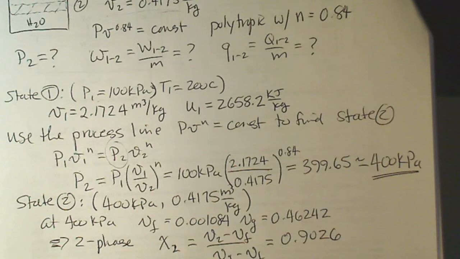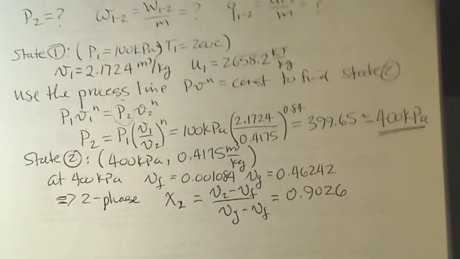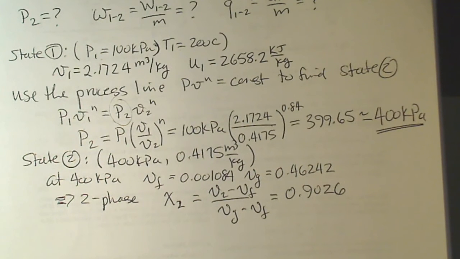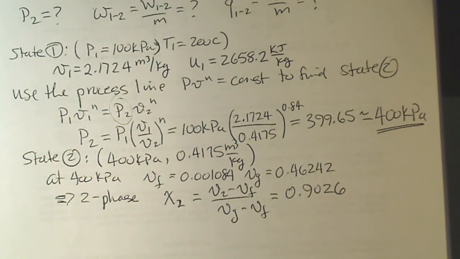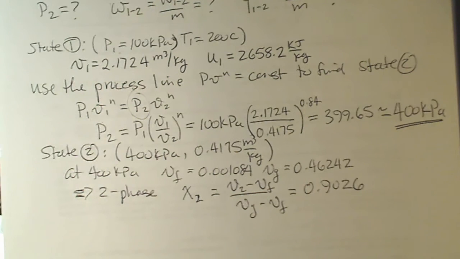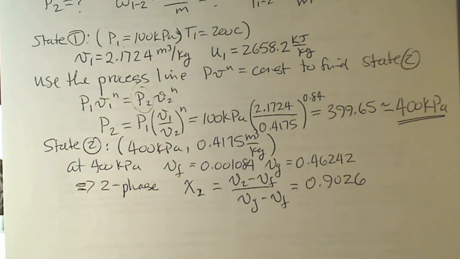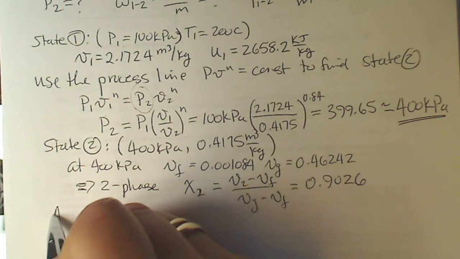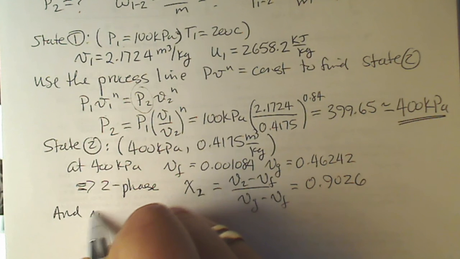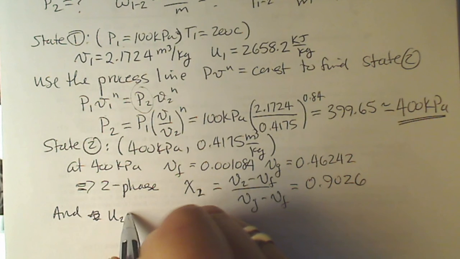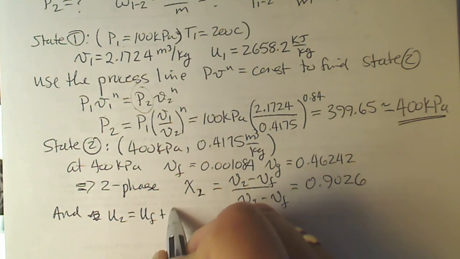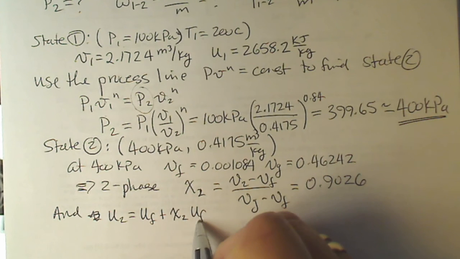And now I want to immediately use this number to calculate the internal energy at state 2. Oops, U2 is equal to UF plus X2 UFG.